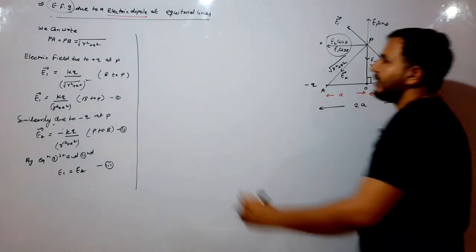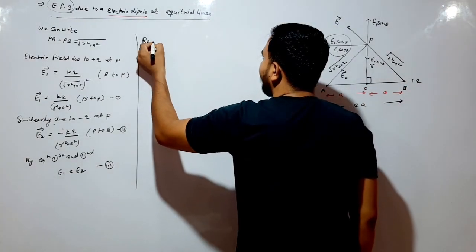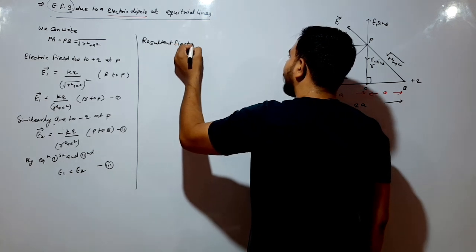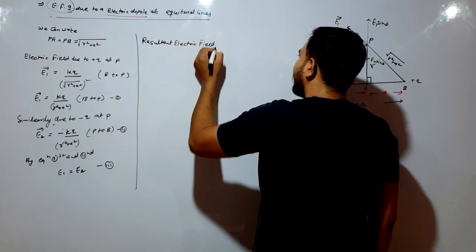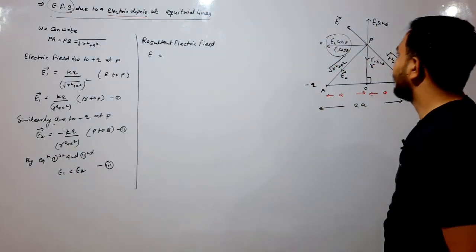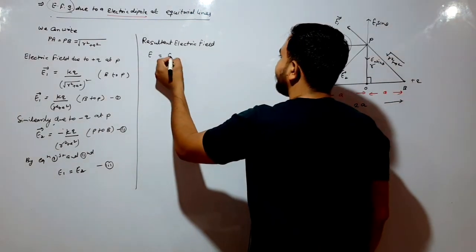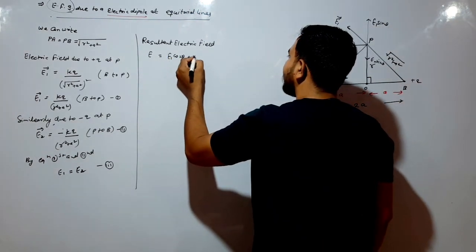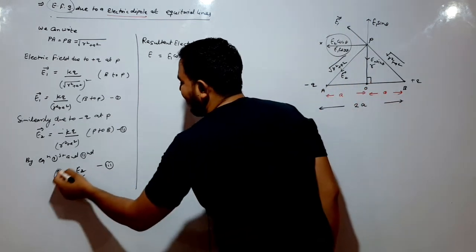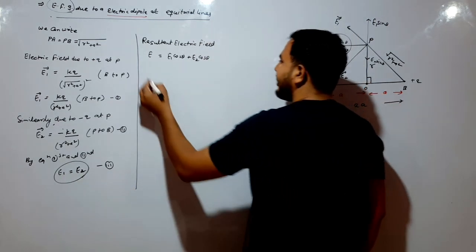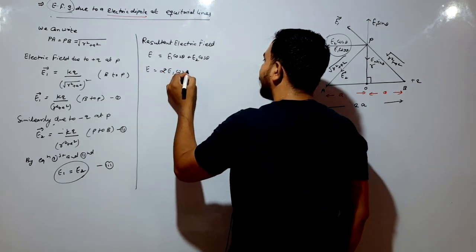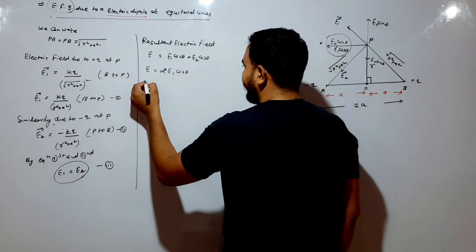In this case, the resultant electric field is E is equal to E1 cos theta plus E2 cos theta. By equation third, E1 and E2 are equal to each other, so we can write 2E1 cos theta.